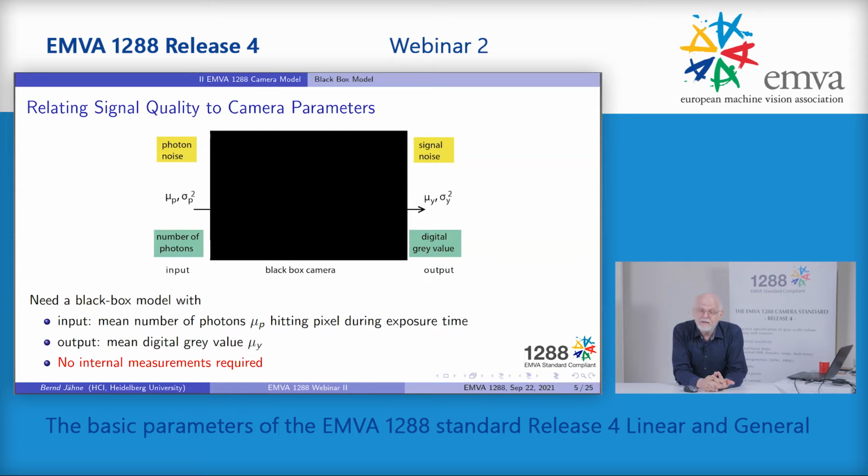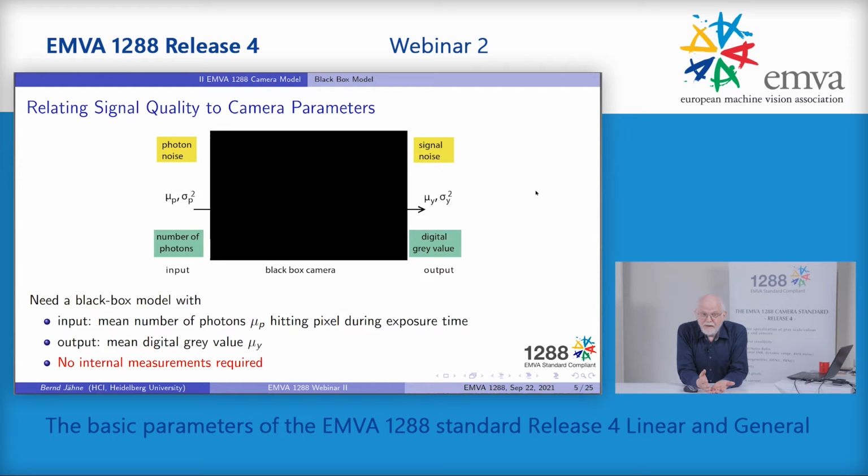We take several images, measure mean values, and measure also then the variance or the standard deviation, so how the signal is varying from image to image. Then we know basically everything about the output. And then, of course, we have an input because we want to know how sensitive is the camera.